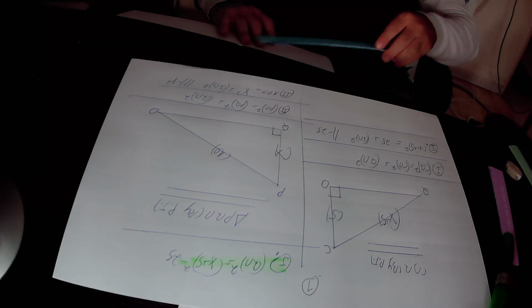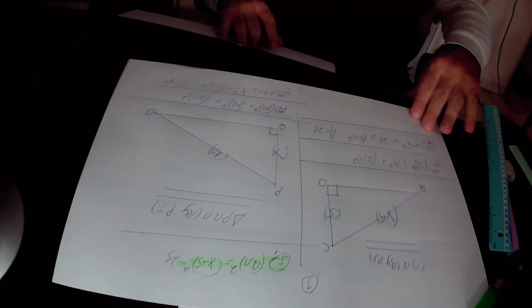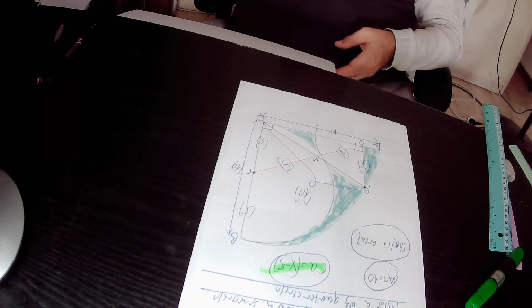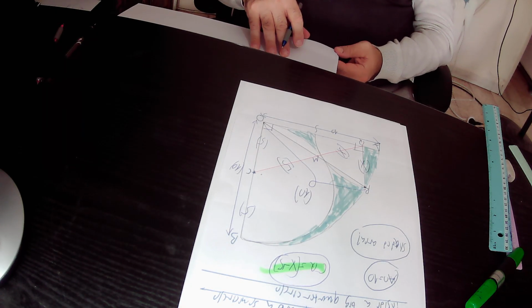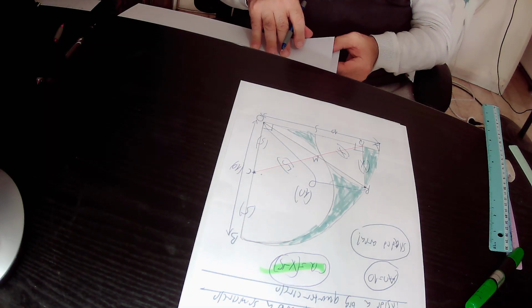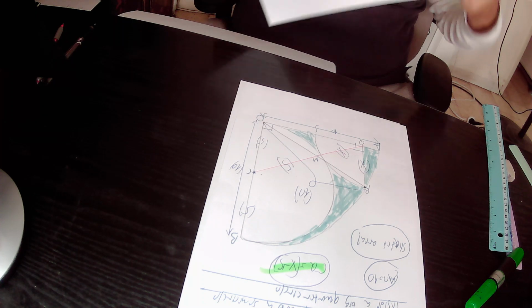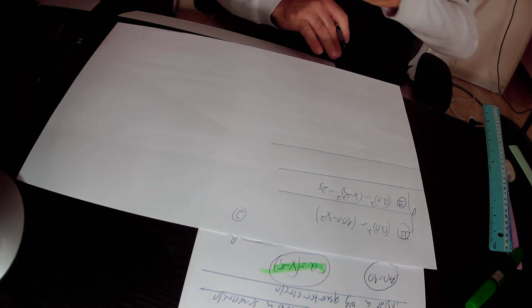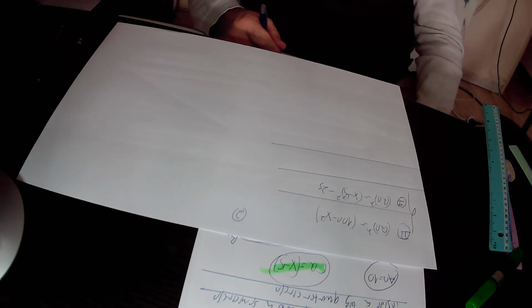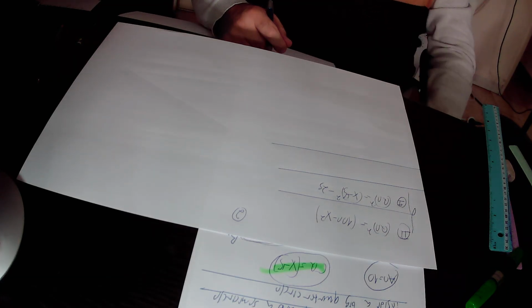So actually we have two different equations for QO squared. According to equation 2, QO squared equals 100 minus x squared, while according to equation 1, QO squared equals x plus 5 squared minus 25.